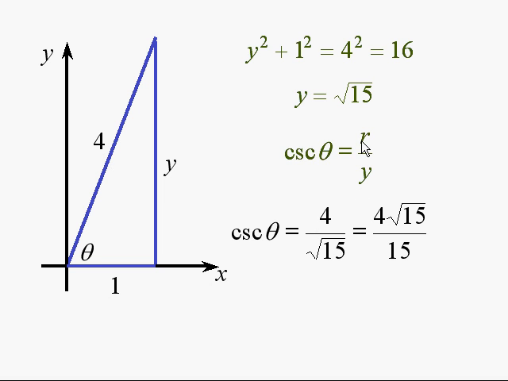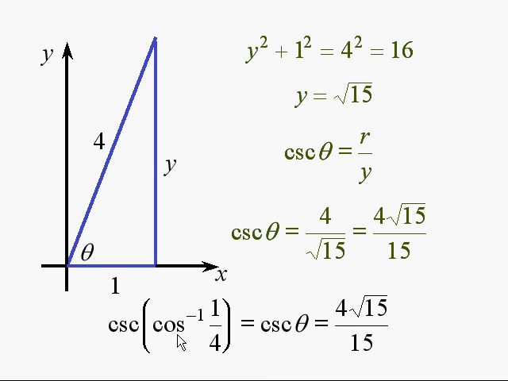So I'll plug in 4 for r, and the calculated value of y, square root of 15, 4 root 15 over 15, and that would be the value that comes out for the cosecant of the angle whose cosine is 1/4. We sketched the angle whose cosine is 1/4, and by labeling the extra side of the triangle, we could say what the cosecant of that would be.